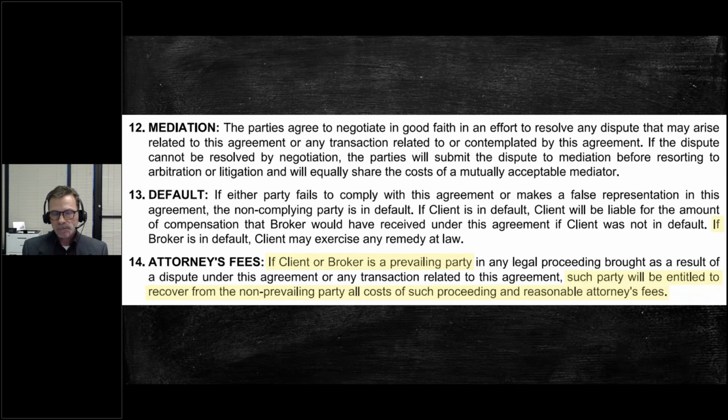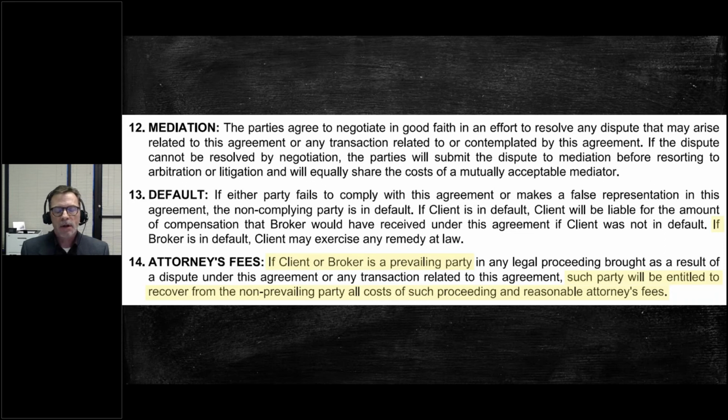This is an important provision because if the winner is entitled to attorney's fees, then a person will want to be very certain that they are able to win.